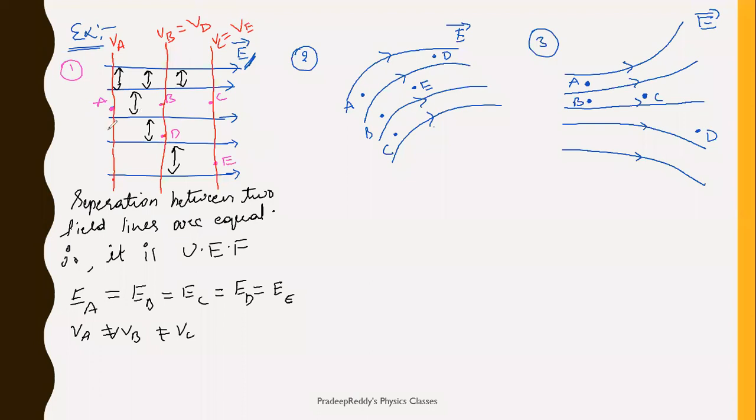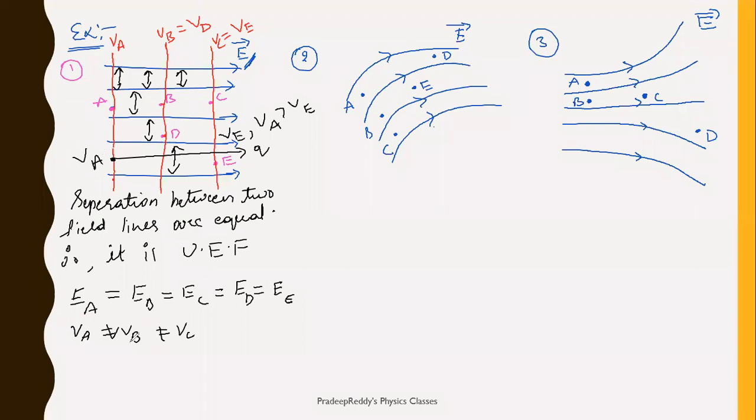And charged particle, if you leave, that will be going in which direction? From A to E, this charged particle travel. Okay. So therefore, potential here is greater. This is VA, and this I write it as VE. VA is greater than VE because test charge is moving in that particular direction. It always move from high potential to low potential, right?